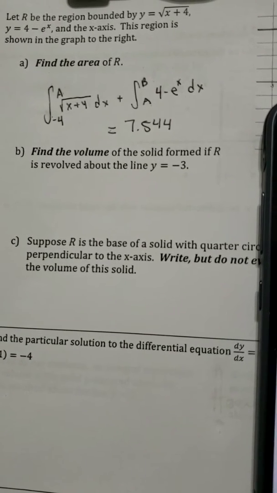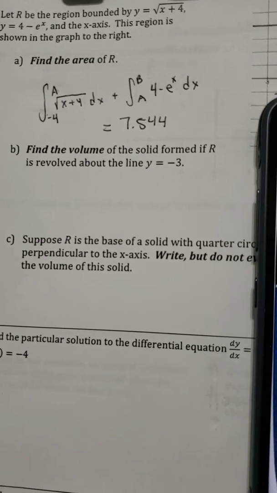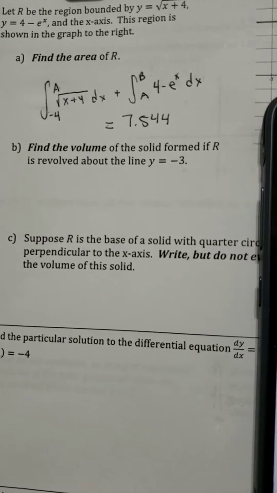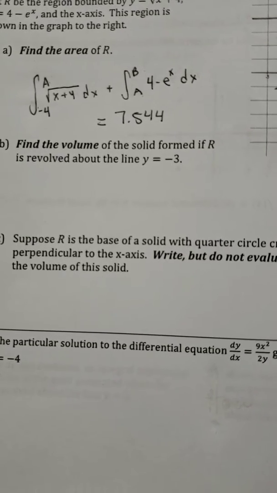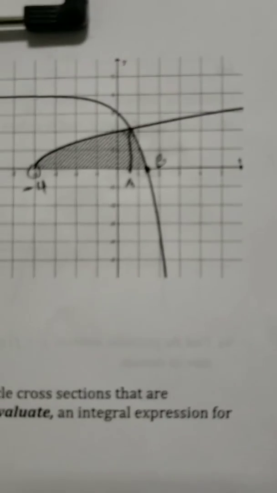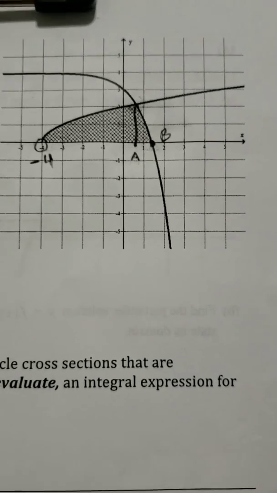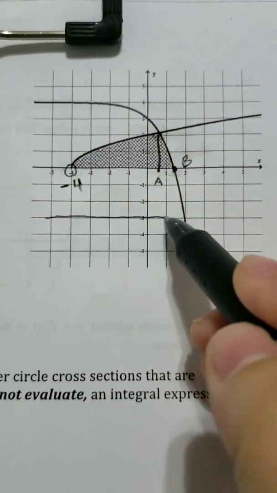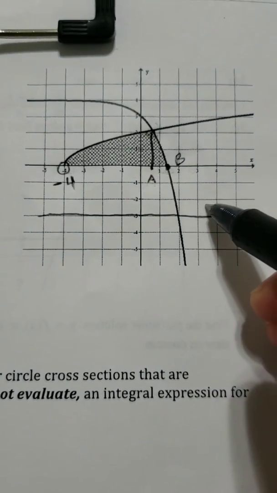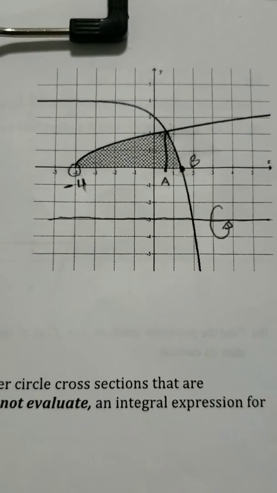Now we're going to move on to part B, where we're trying to find the volume of the solid revolved around the line y equals -3. So when we revolve around a line, we need to look at the graph a little bit better. We need to figure out what that does to the function. So I'm going to make that line y equals -3. I know I'm going to rotate around this way. And I need to figure out what the spaces are going to be.